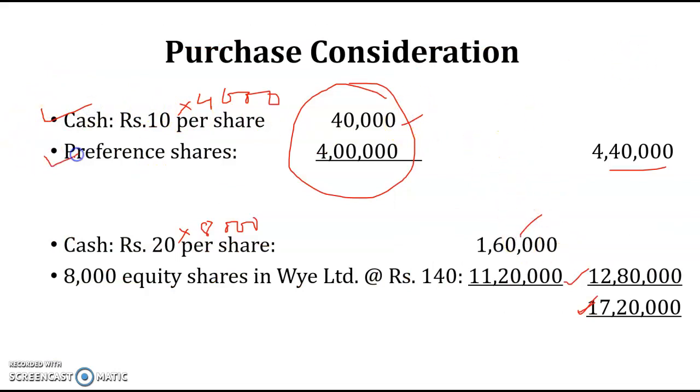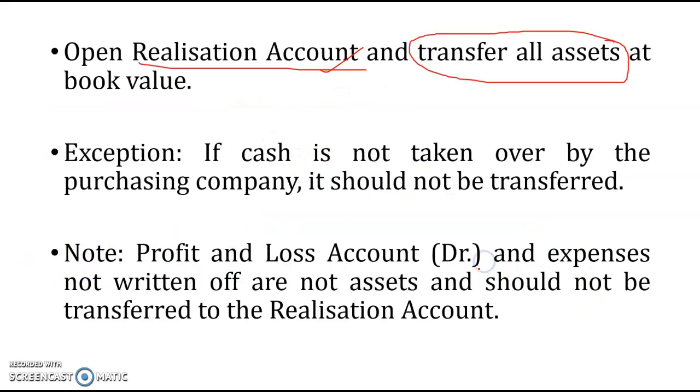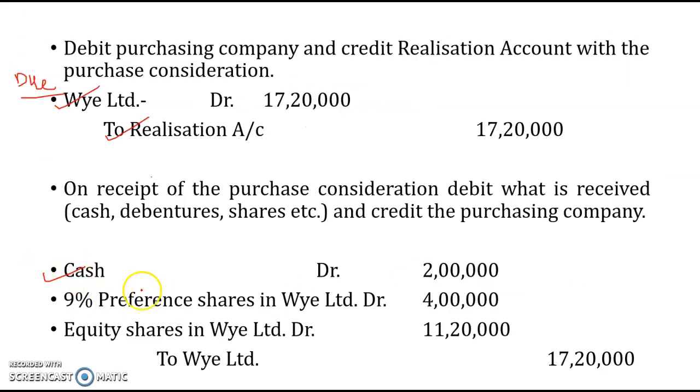We receive 9% preference shares of rupees 4 lakh, and we receive equity shares of rupees 11 lakh 20,000. So cash 1 lakh plus 1 lakh 60 plus 40,000 is 2 lakhs, 9% preference shares of rupees 4 lakh, equity shares of rupees 11 lakh 20,000. So the amount is 17 lakh 20,000.